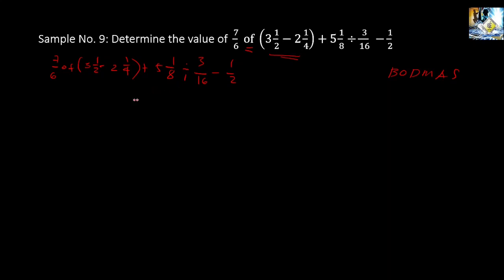It becomes 7 over 6 of, if we deal with the bracket, the same process. If we deal with our bracket first, you can see it's obvious. That is 3 minus 2, 1, and 1 over 1/4, so 1 and 1/4.